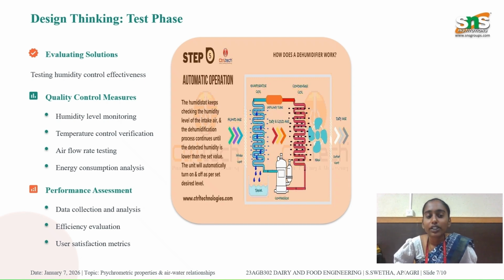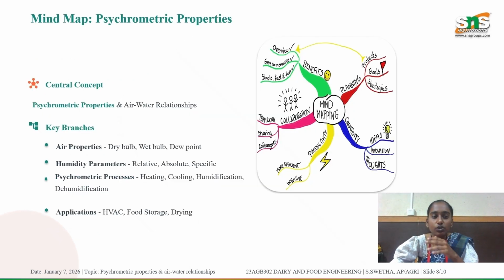For performance assessment, we are going to check the performance through data collection and analysis, efficiency evaluation, and user satisfaction metrics. Before getting it to the users, we can check implementation with the technologists, and after that we can go to the consumers and check also.